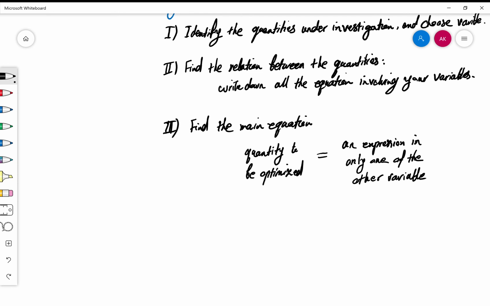For example, you write the area A as a function in terms of only the length.